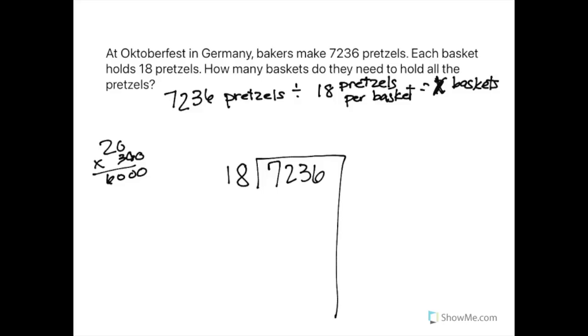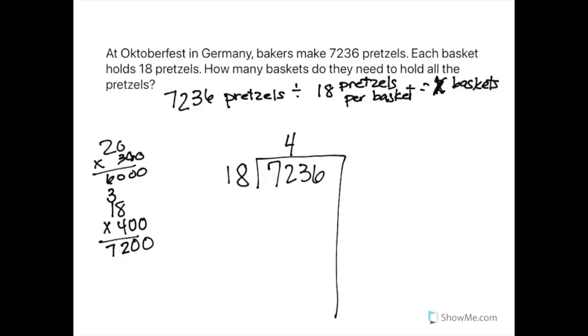But I think I can make another one. So let's try 18 times 4. So 8 times 4 is 32. Carry the 3. 4 times 1 is 4. Plus 3 is 7, 72. If I add a 0, that's 720. If I add another 0, that's 7,200. By golly, I think I've got it.